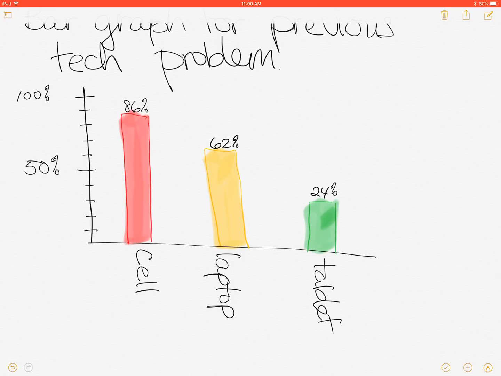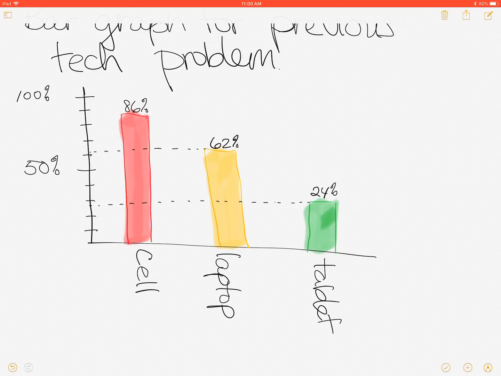Notice it's 10, 20, 30, 40, 50, 60, 70, 80, 90, 100. So we might guess somewhere around 85. The 62 bar seems to be a little over 60, so I would guess 60 something. And this bar way over here is roughly between 20 and 30.